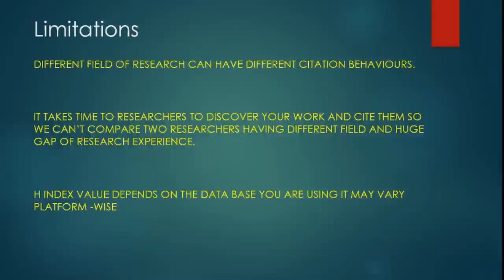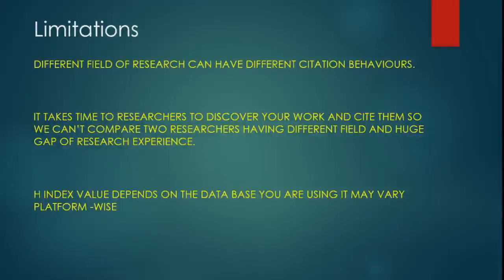And this is not a good way to compare a new researcher with a seasoned researcher, because it takes much time for a new researcher to have some papers, and after some time his papers get many citations, and then he has some h-index or i10 index.